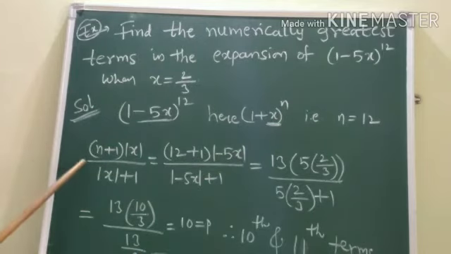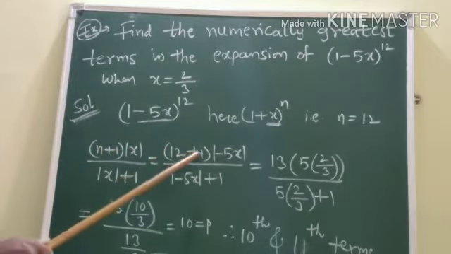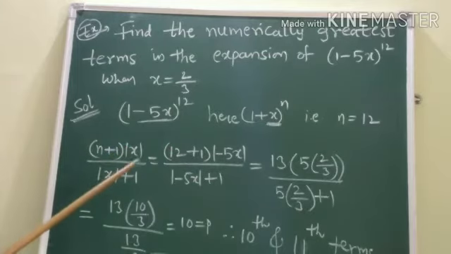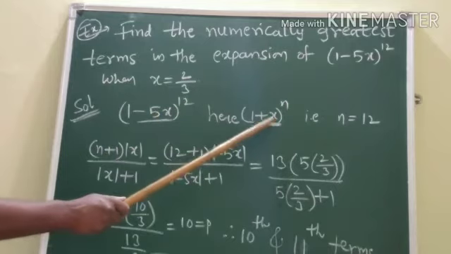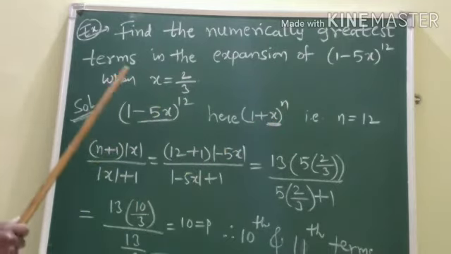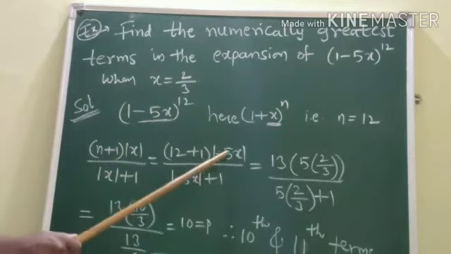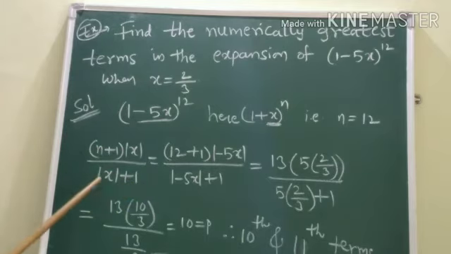Now by using the formula (n+1)|x| / (|x|+1), that means n is 12, so 12 + 1 times |x|. Here x means the second term. What is the x here? Minus 5x. That is |-5x| / (|-5x| + 1).